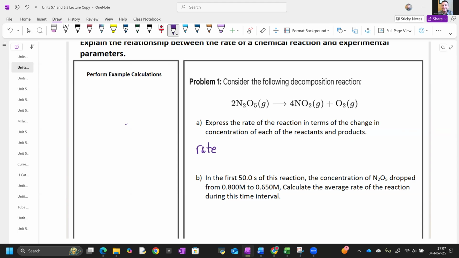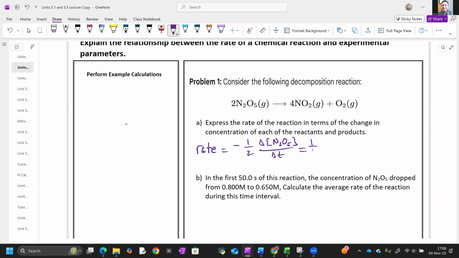We can say rate is equal to, we know this is a reactant, so we're going to say negative. We know it has a coefficient of 2, so we're going to take the inverse of 2, which is 1/2. And then we just write in the change of concentration of N2O5 with regard to the change in time. And then we set that equal to, notice this is a product.